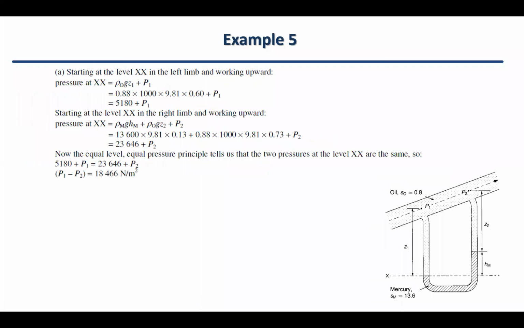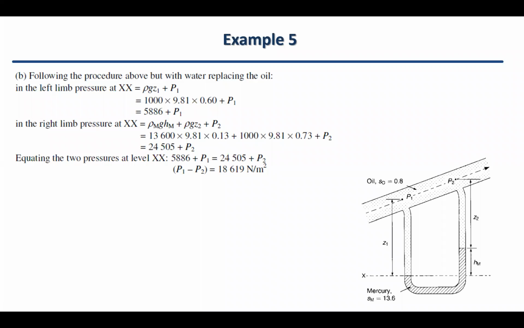Compare this figure with the previous one. When we had oil, the difference was 18,466. In this case it's 18,619, so it's a little bit less once we have the water in the pipeline.